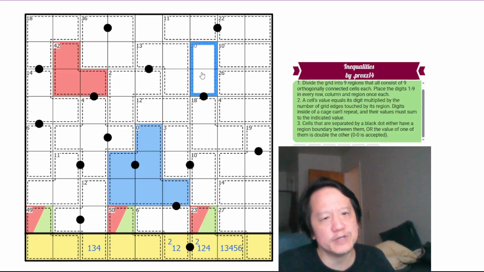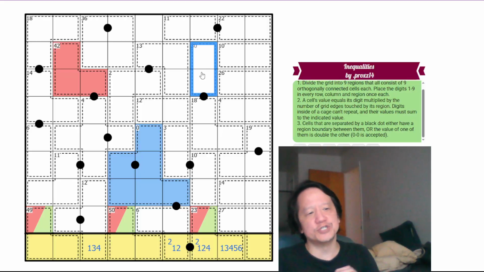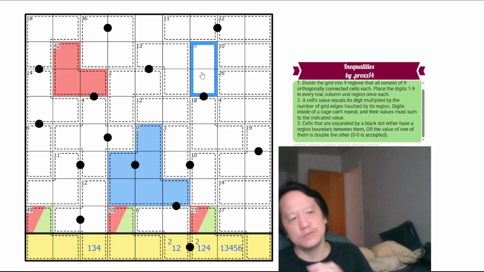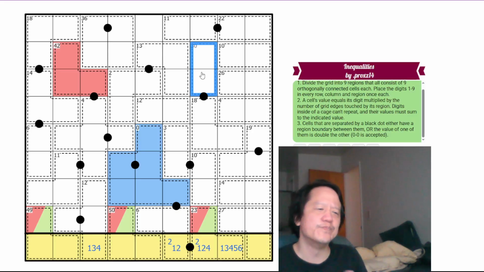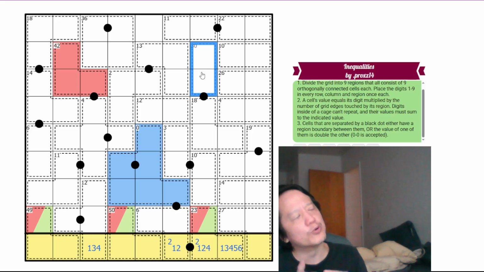These must both be touching 2. Because 2 digits add up to... It cannot be... Oh, it could be 1 doubled. You could have 1 doubled and then 1 touching 1 border.